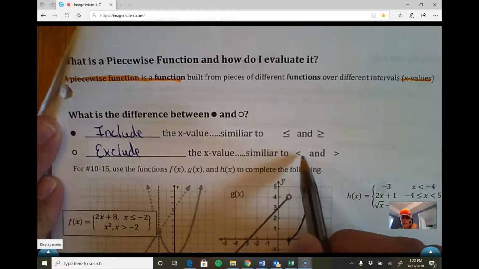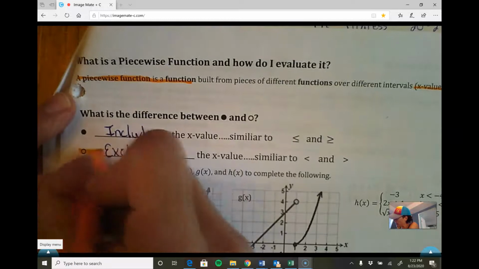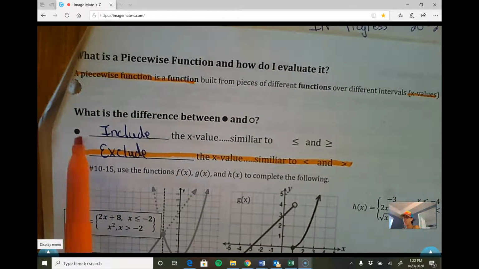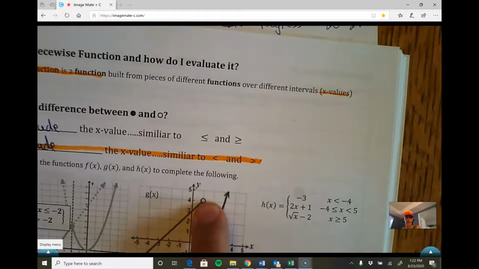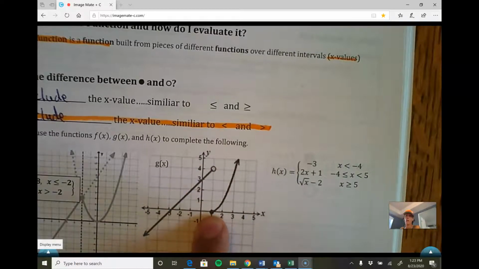It's similar to less than or greater than, okay? And if you don't see a dot, it implies this one, okay? You really have to see that solid dot for it to include this. Like here, we're showing you the dot, but normally they might not always put it there, but they will always make that noticeable.